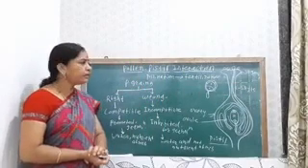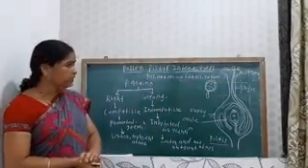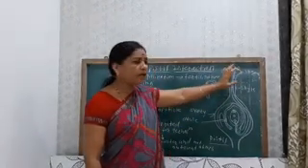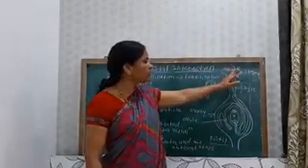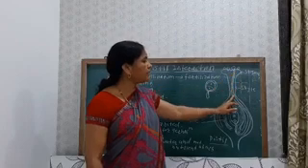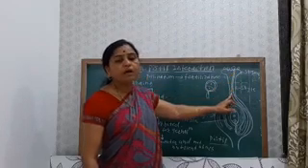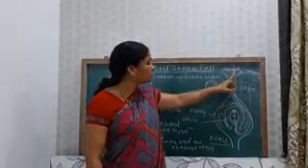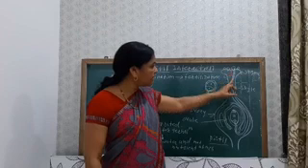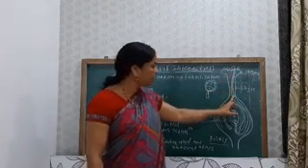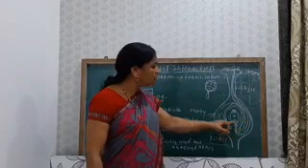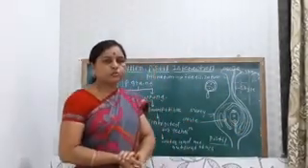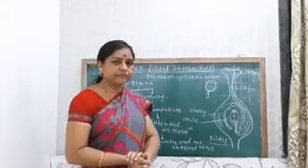After pollination, the pollen tube grows through the stigma, due to the presence of some chemical substances in the stigma, then through the style, and then enters through the micropyle into the ovule, that is, into the embryo sac.